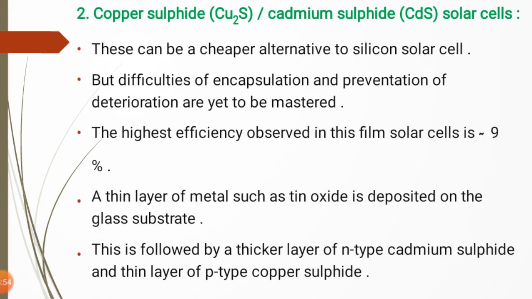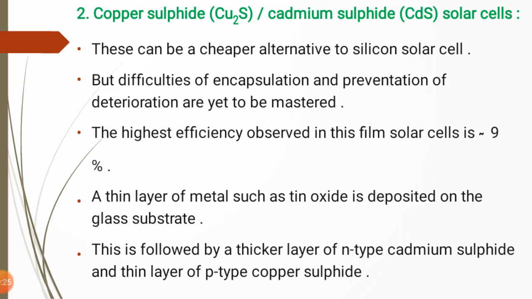Now the second type of the solar cell is the copper sulfide, that is Cu2S, or cadmium sulfide, that is CdS solar cells. These can be a cheaper alternative to silicon solar cells. That means this is cheap as compared to the silicon solar cell, but difficulties of encapsulation and prevention of deterioration are yet to be mastered.